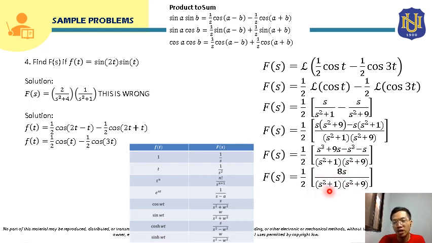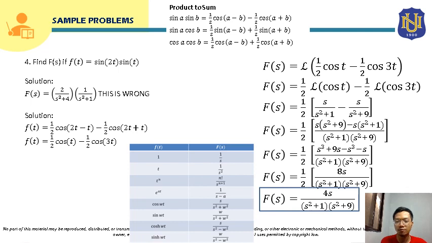We can actually cancel 2 here: factor out 2 from 8s, so that becomes 2 times 4s, and we can cancel that 2 with the 1/2. So this becomes 4s over (s squared plus 1)(s squared plus 9). This will already be the answer.